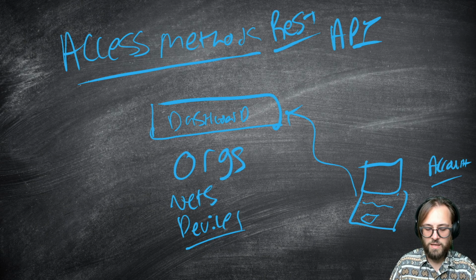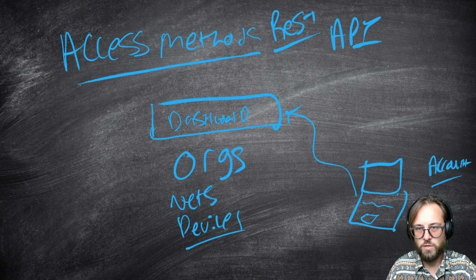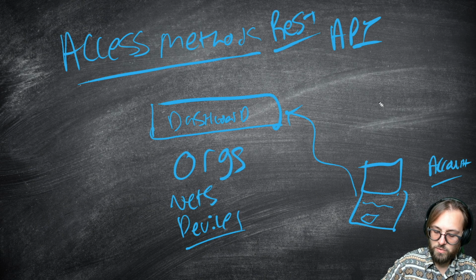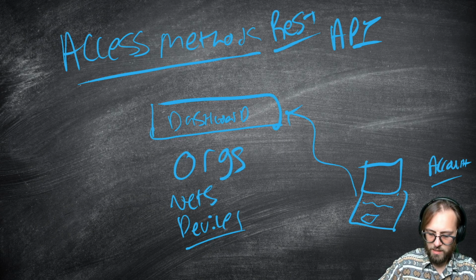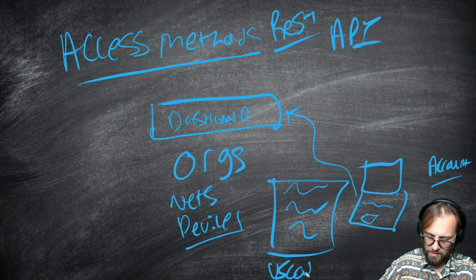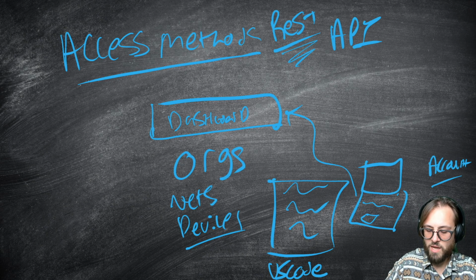So what is a REST API? REST is representational state transfer. It allows us to create, let's say, a script on our laptop. We're going to write some code that allows us to do different things. So we're in VS Code, writing Python that uses the REST API to interact with the Meraki dashboard.